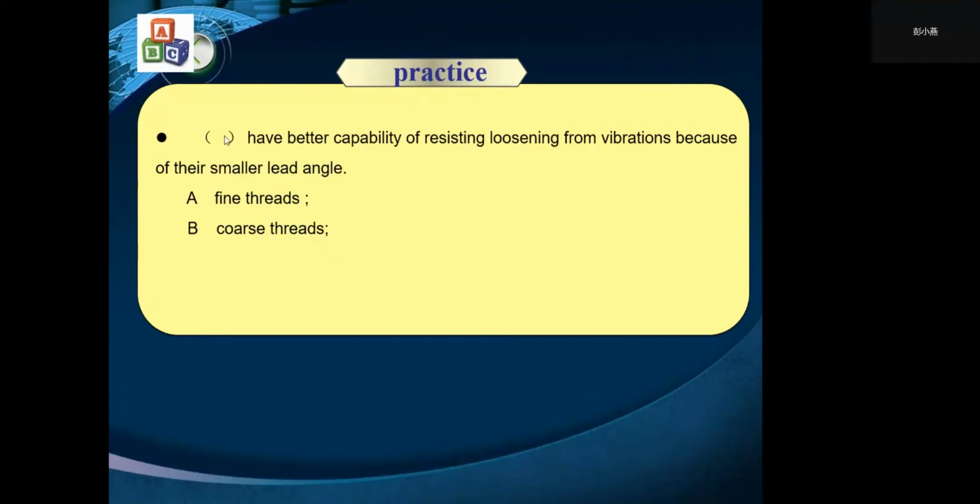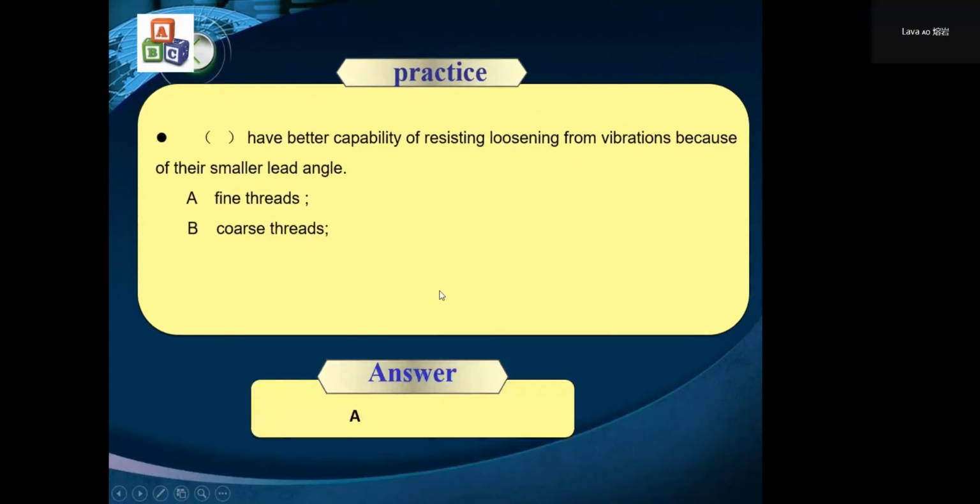For the same diameter, a fine thread has a smaller pitch P, so the lead is smaller, so the lead angle is smaller. So the answer is A.